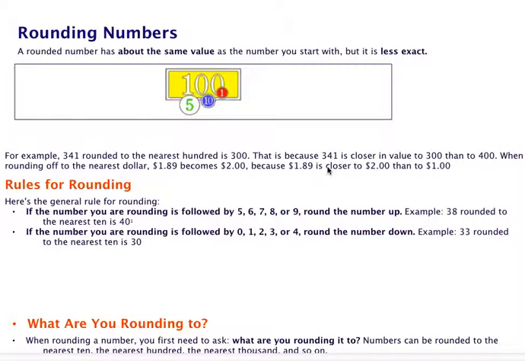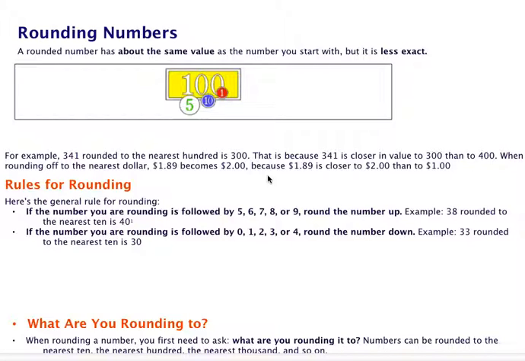So I know that 341 is going to be closer to 300. When rounding to the nearest dollar, like in the example that I said, $1.89 turns into $2 because $1.89 is a lot closer to $2 than it is to $1.